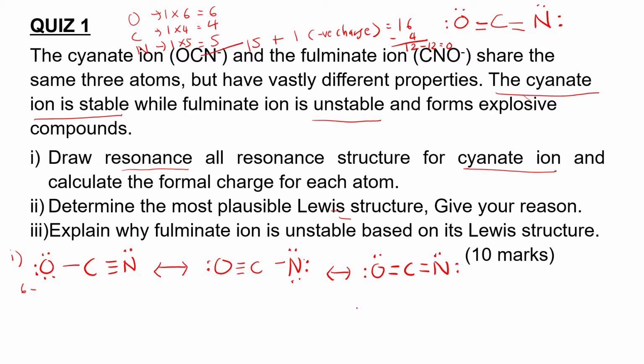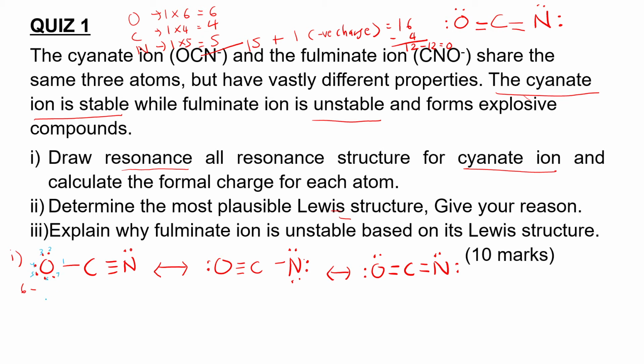Okay, for each Lewis structure, we need to calculate the formal charge. So the formula: valence electrons for oxygen, 6, minus the number of electrons around. So we have here 1, 2, 3, 4, 5, 6, 7.